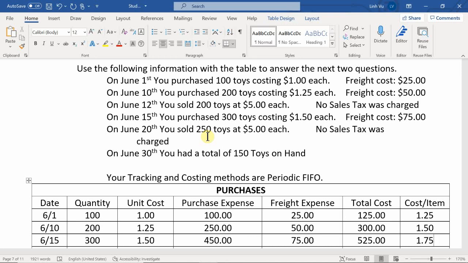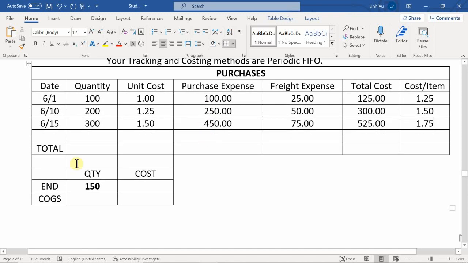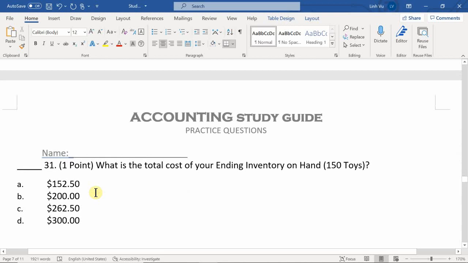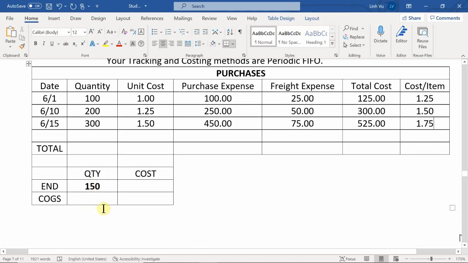And then at the end of June 30th, you had a total of 150 toys left on hand. So our job here is to find out what our total cost of goods sold is and what our ending inventory balance is. Let's sum up our totals. What was the total amount of toys that I bought? 600.